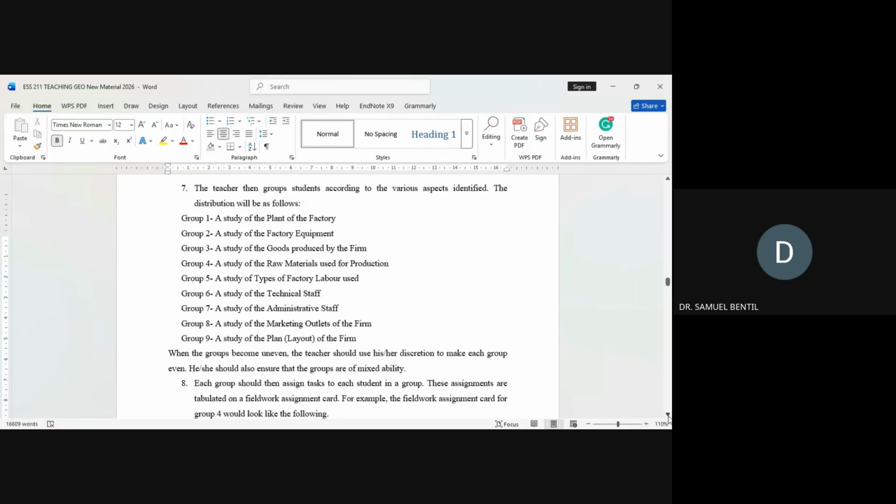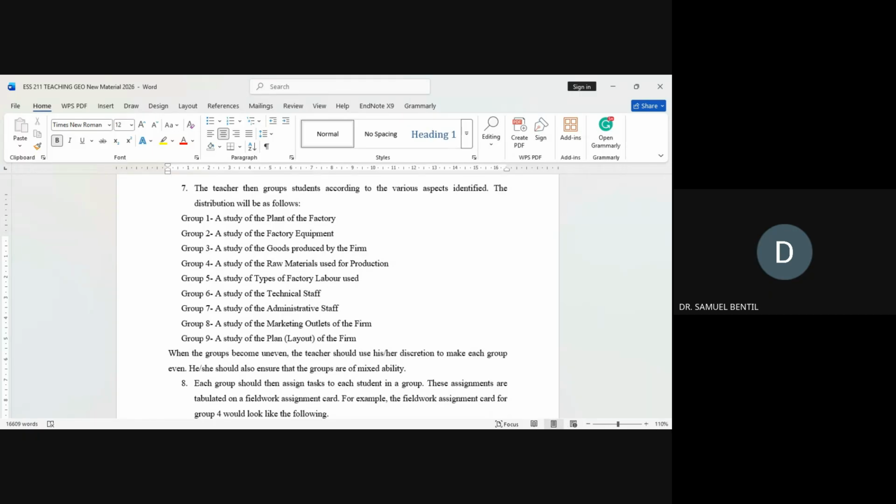Group 4 will study raw materials used for production. Group 5 will study types of factory labor used. Group 6 will study the technical staff. Group 7 will study the administrative staff. Group 8 will study the marketing outline of the firm. And group 9 will study the plan of the firm.